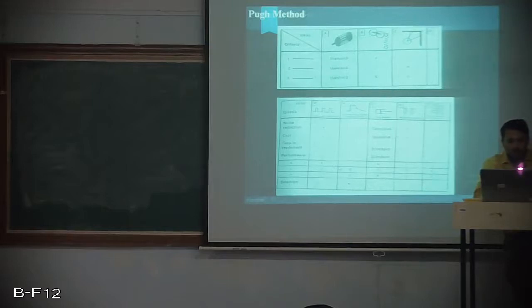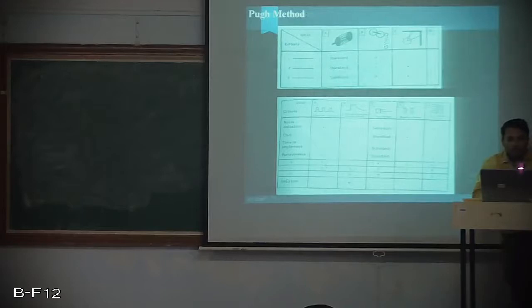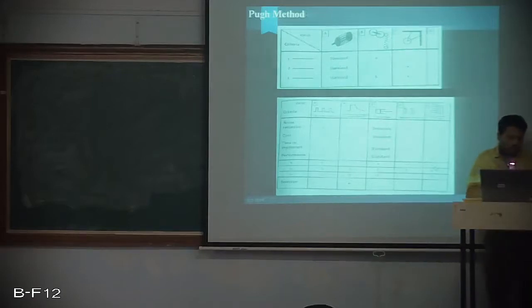For A it is 0, for B the same count is 1, with respect to the third all 4 are standard only, so C has 4 standard, D has 1 standard or same, and E has 2 same. For plus points, A has 3, B has 3, C has 0, D has 1, and E has 0. For negative points, A has 1, B has 0, C has 0, D has 2, and E again has 2.